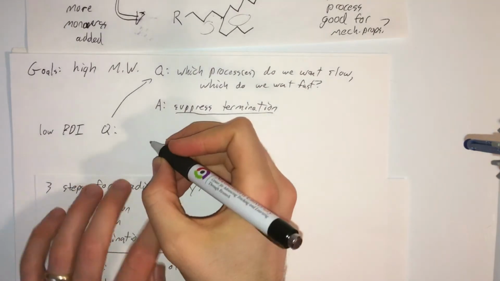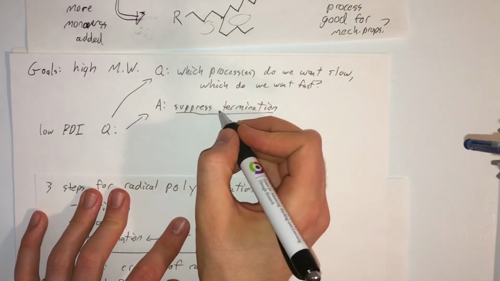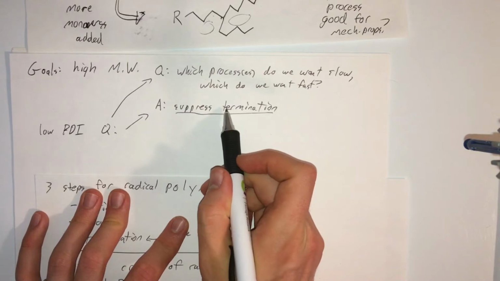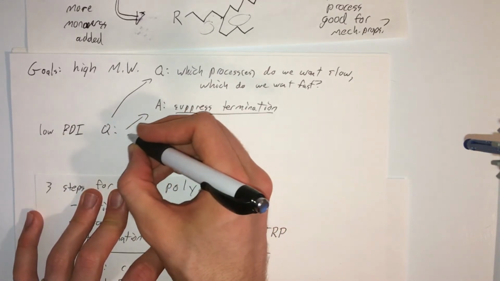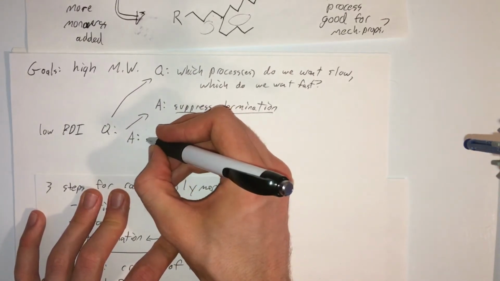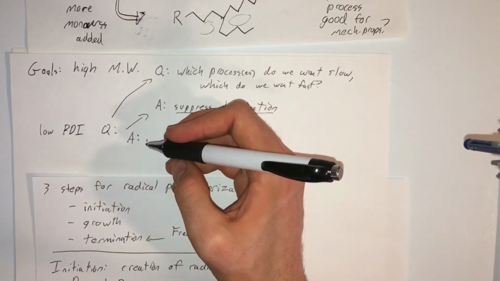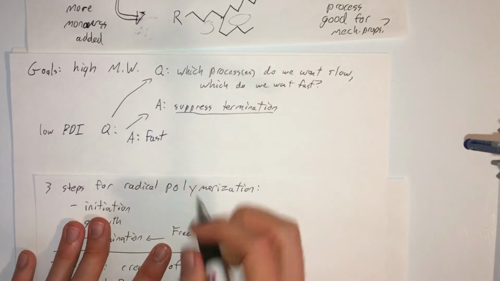Well, it actually turns out to be basically the same answer. We want to suppress termination, so that all of the polymers have as long as possible to grow, but simultaneously, in this case, we also want initiation to be fast relative to growth.